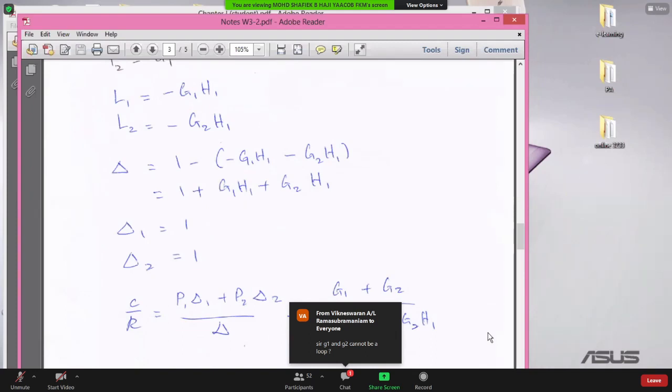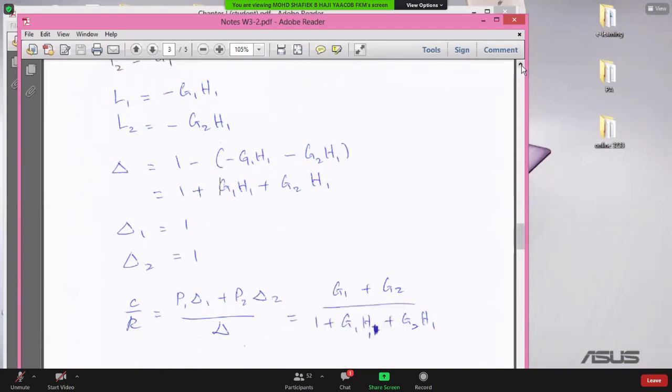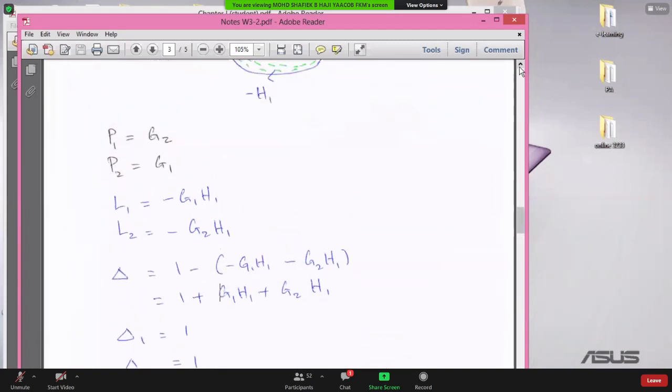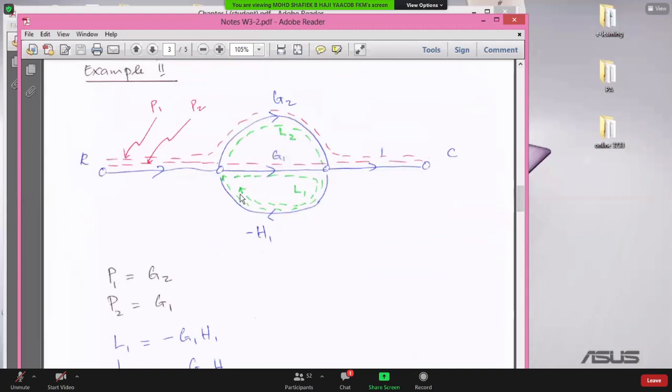What do you mean G1 and G2 cannot be a loop? No, G1 is just one segment. So a loop, when you start at a node, you go around and come back to the same node. That's called a loop. G1, you just go forward, that's not a loop. G2, you just go forward, that's not a loop.